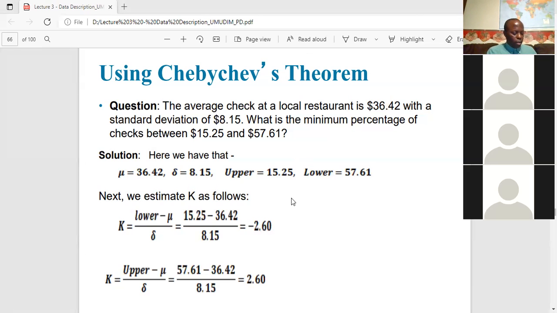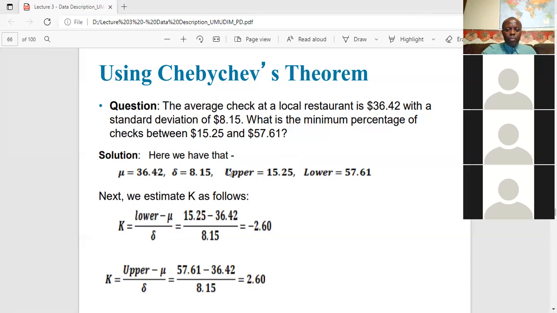Okay. So the mean is 36.42 and the standard deviation is 8.15. The upper end is 57.61 and the lower is 15.25.